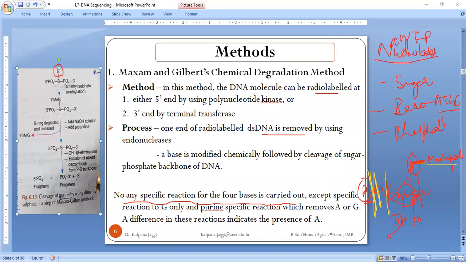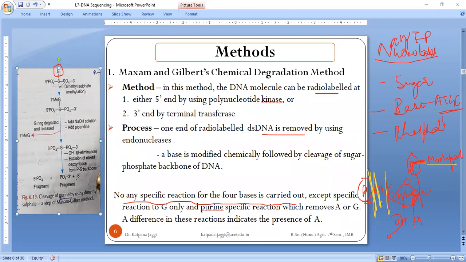But when we talk about the degradation of bases which involve purines, in that particular case, in the purine bases, only the G base is modified. There is no specific reaction for the other three bases. That means we can call it a G specific reaction only, right?